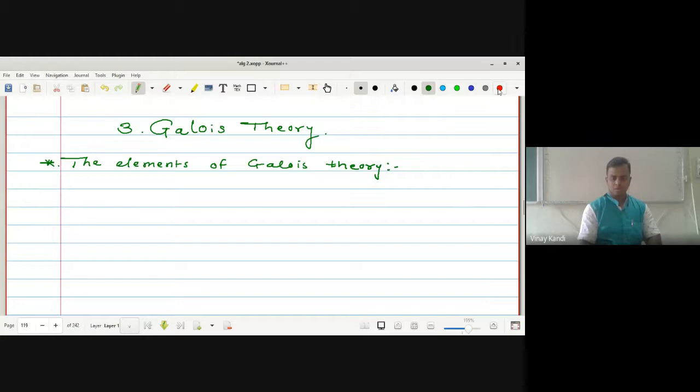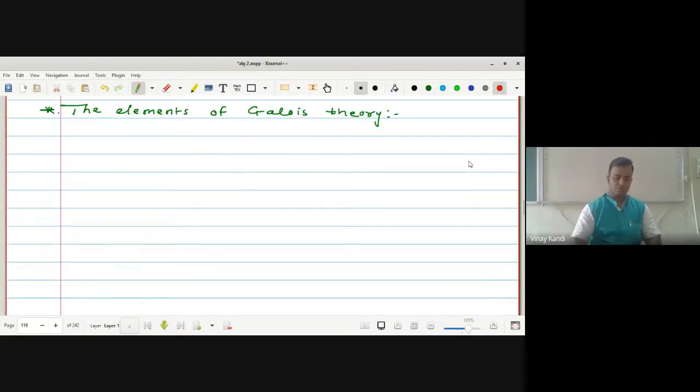Now, let p of x be a polynomial in F of x, where capital F is any field.